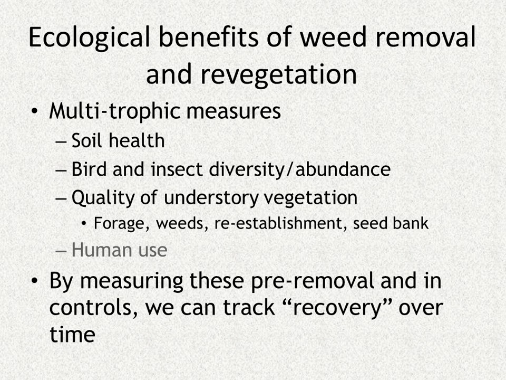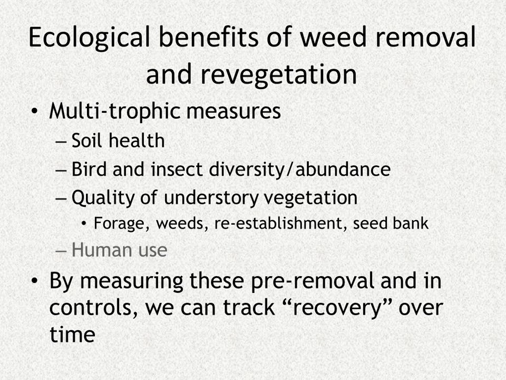One of the things we're not measuring in this experiment, which is unfortunate, but several people have mentioned, is how our riparian tree invaders really do impact human use of landscapes and prevent human use. It's something I'd like to do in other studies. We did the novel technique of measuring soil health, bird and insect diversity, and the quality of understory vegetation before we removed.